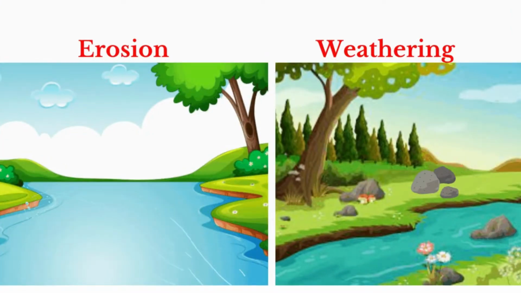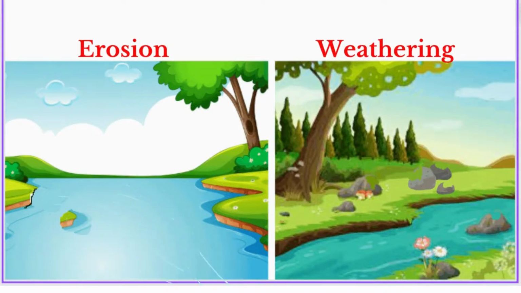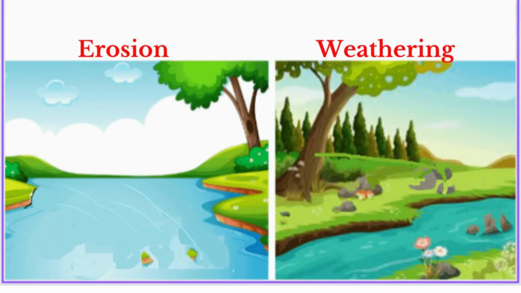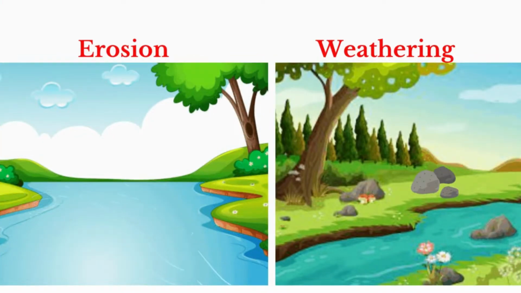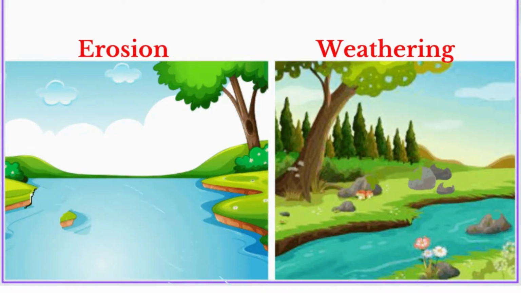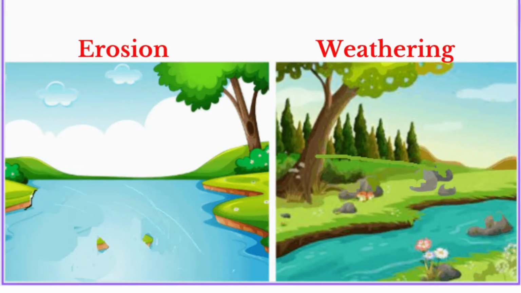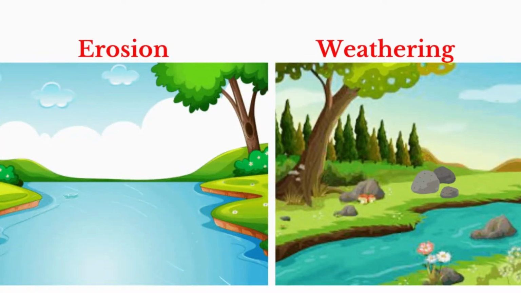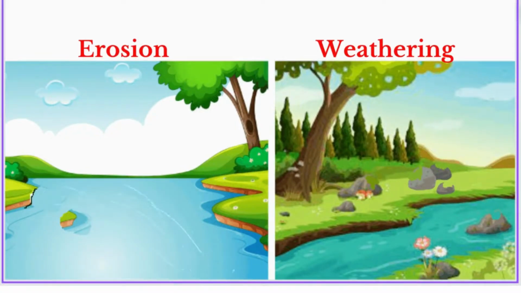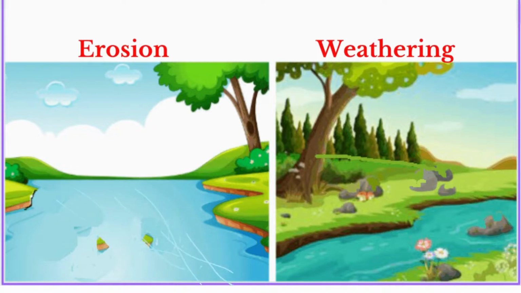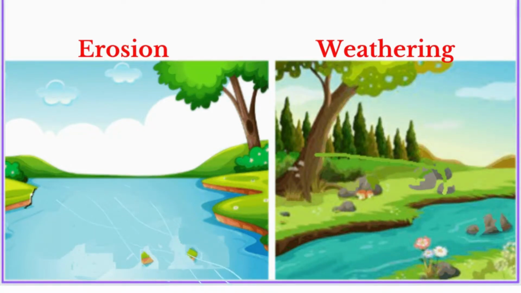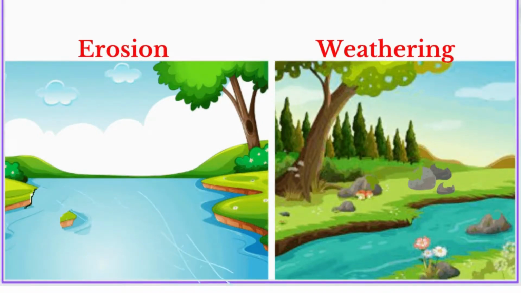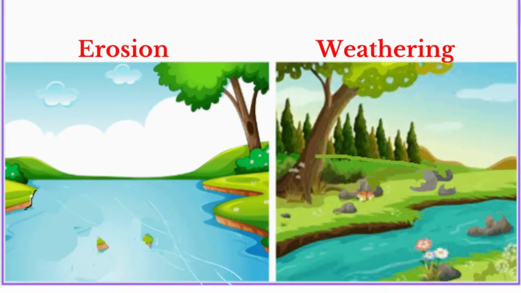While weathering is a gradual breaking up of the rocks in situ and therefore involves no transportation of the material in the process, erosion involves materials being picked up and carried away by moving agents such as water, wind, and ice. Weathering is the result of atmospheric and biological activities.